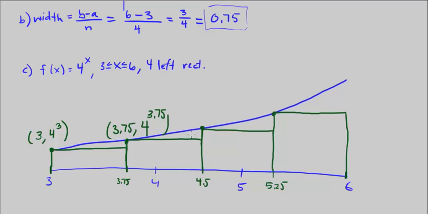The next point that touches our curve has x value 4.5. We plug in x to be 4.5, so it's 4 to the power of 4.5. And finally, the x value of this point is 5.25, and we plug 5.25 into x, so it's 4 to the power of 5.25.